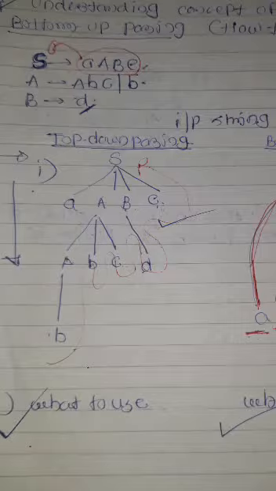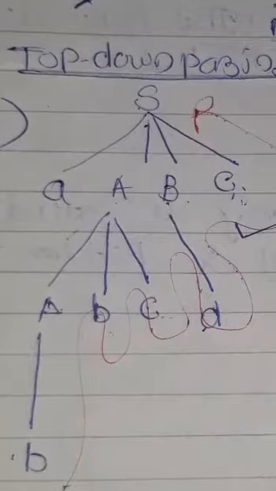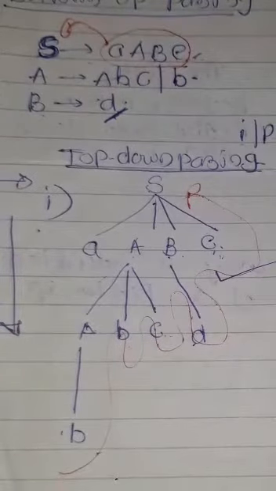So here we start with the starting symbol, that is S. S produces small a, capital B, and small e. As in the grammar, A produces capital A, small b, c.